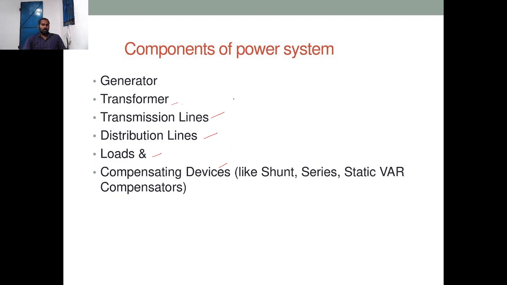Okay, so here the generator is used to generate the power from various sources like wind, tidal, thermal and nuclear power. From those energies we generate the power with the help of the generator. The generated output voltage will be lower, like 11 kilovolt.